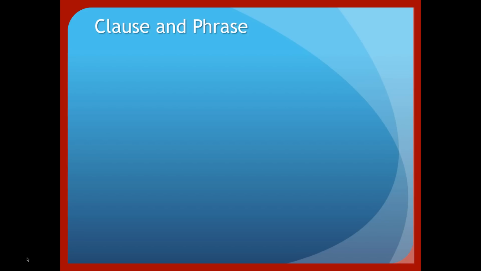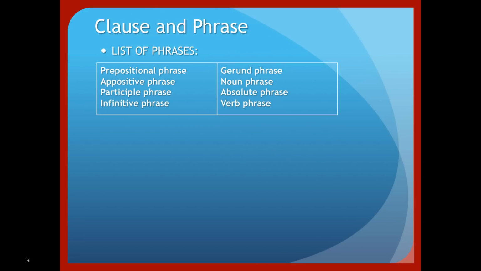Finally, here are the most common types of phrases which modify words, clauses, and other phrases. Remember, you usually identify the type of phrase by the first word in the phrase. For example, a prepositional phrase starts with a preposition, such as the word before.